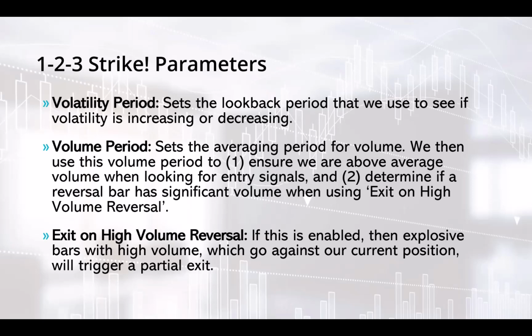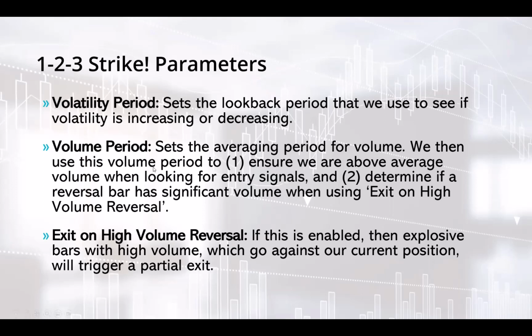Well, it's based on this volatility parameter. Basically, it's a look back period which compares the volatility. Perhaps if this parameter is set to a value of 10, it will compare the current volatility to what was the volatility 10 bars ago. And if we have an increase at the current bar, then we have an increase in volatility. So basically, this is what this parameter does.